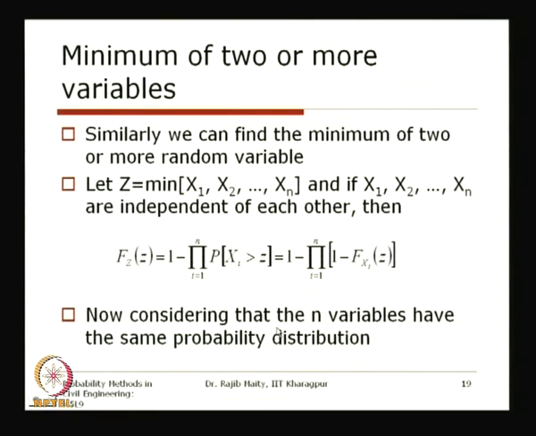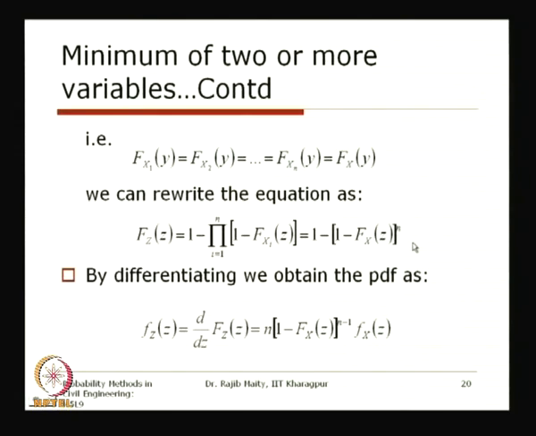Now considering that these n variables have the same probability distribution, that is, identical distribution, this product can be replaced by a power of n.